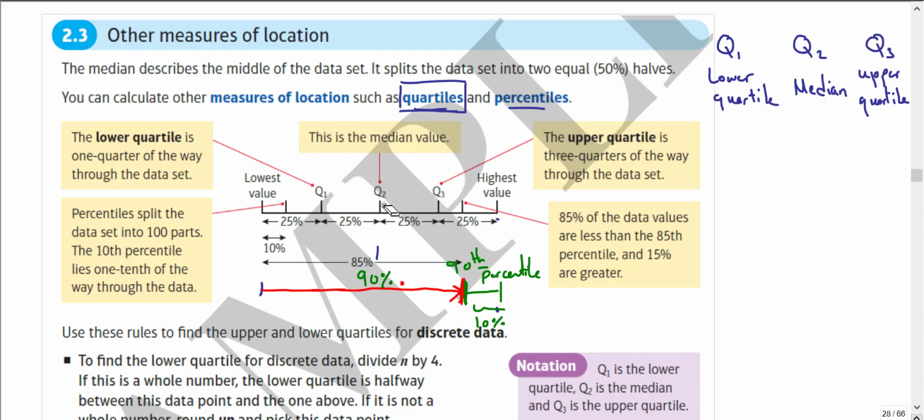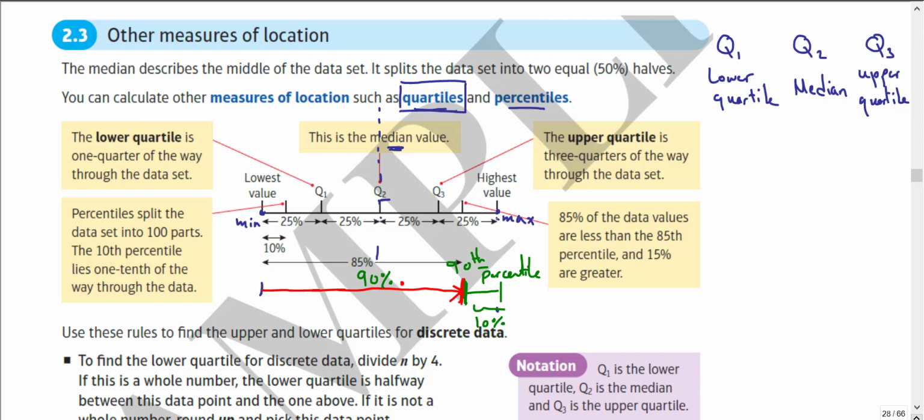Q2 is exactly at the middle of the data. If this is the data, it starts here with the minimum value, and the last value, the highest, is the maximum value. Then exactly at the middle we have the median, which is Q2.